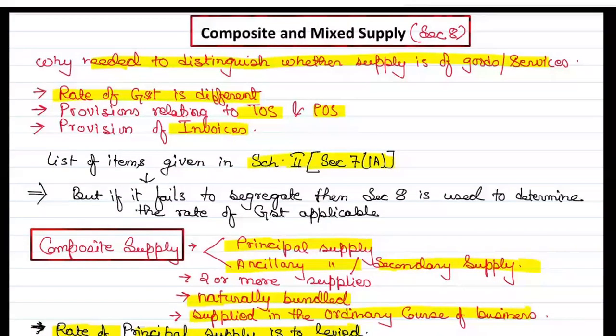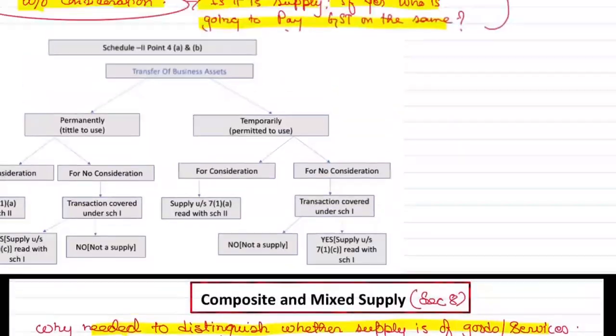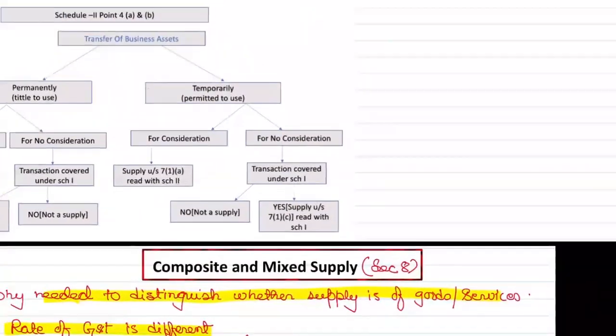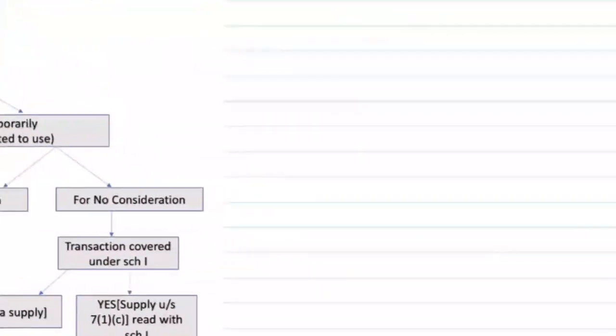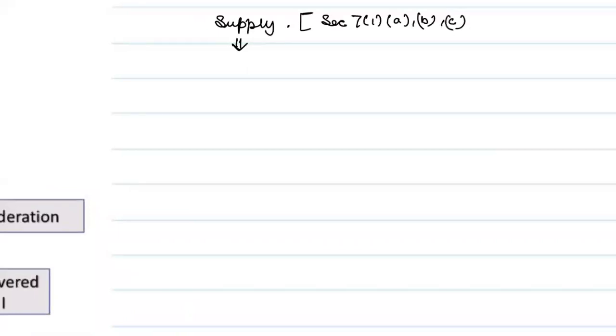Okay, so we'll start now composite and mixed supply. Now see what actually we have done till now. At first we read what actually is a supply, correct? Then we read it in section 7(1)(a), that is general, B, that is import of service, and C was Schedule 1, correct?